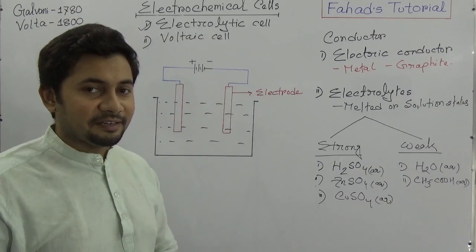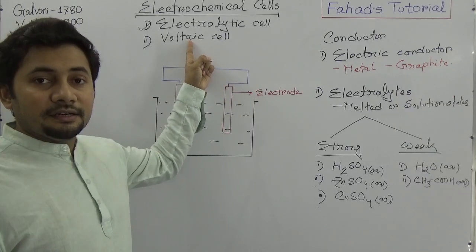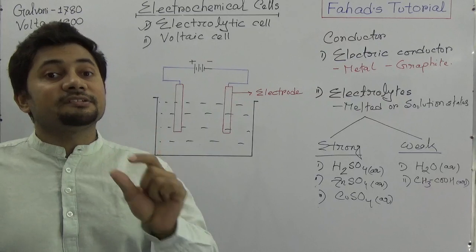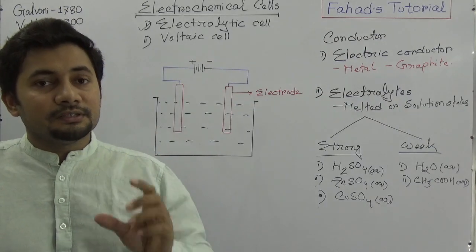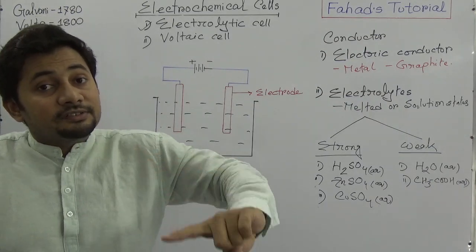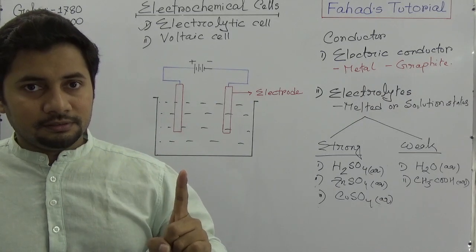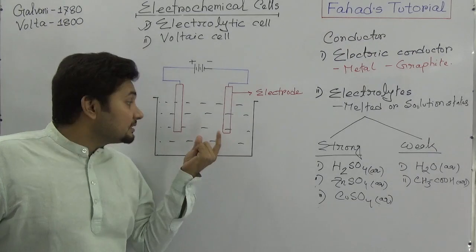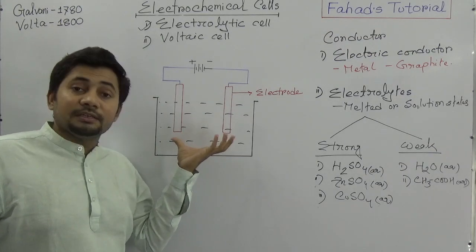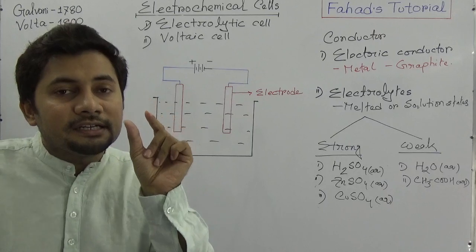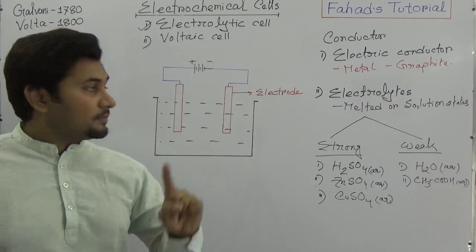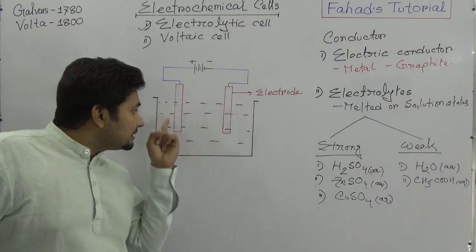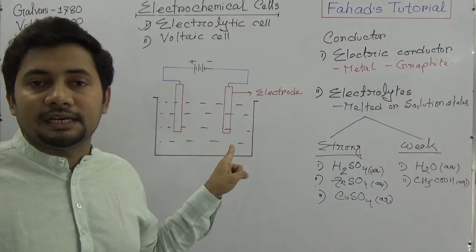I mean, why without a battery? In a galvanic cell or voltaic cell, no outside electric source is used. So in a voltaic cell, electricity is produced through chemical reactions. But in this cell, this is an electrolytic cell, electricity is provided from the outer source to undergo or maintain the chemical reactions inside.